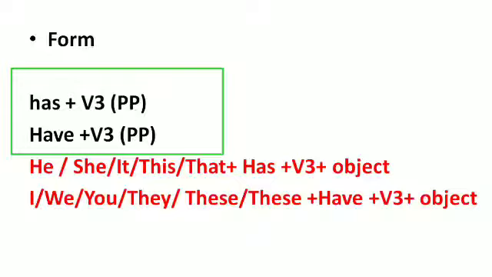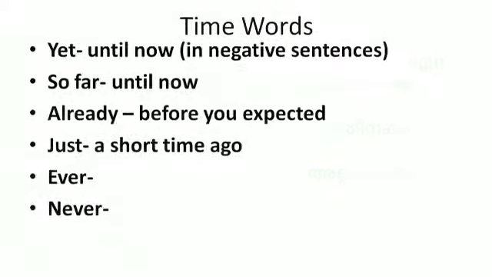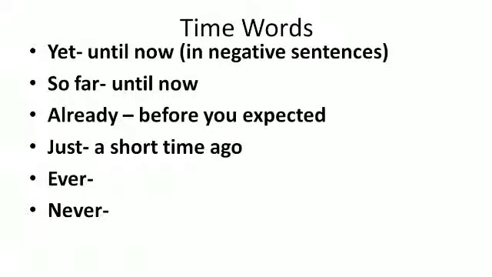We can see some time words of this present perfect tense. Time words, that means words in relation with time, in relation with present perfect tense. Yet means until now. Yet always will be used in negative sentences. So far also means until now.